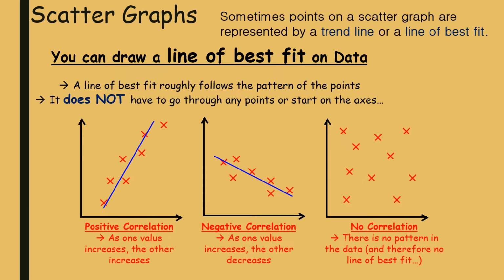So to draw the line of best fit, you want to get the points as close to the line as possible. Now, I quite understand that you may find it difficult to have almost the same line of best fit for everyone, but the idea here is to get the points as close to the line as possible.